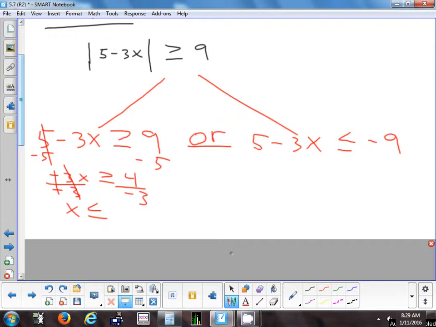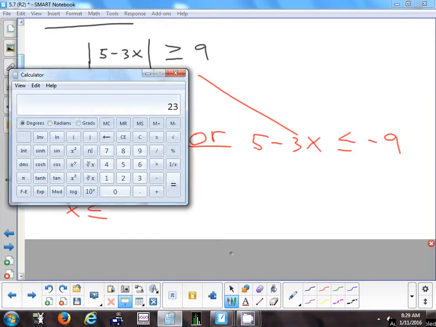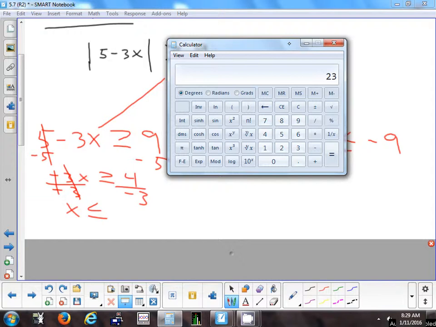The only reason I want to do that is because this is going to be a decimal, and I have to graph it. So it's more helpful if I can just have a number to graph rather than a fraction. Yeah, negative 1.3. If you're not sure, just take 4 divided by negative 3, and it's negative 1.3.